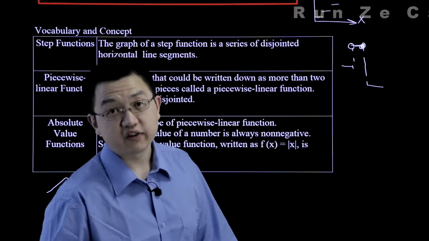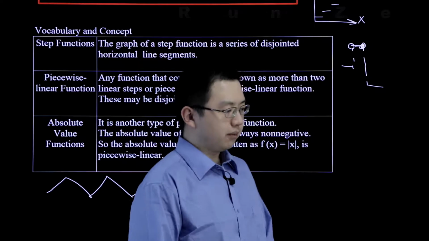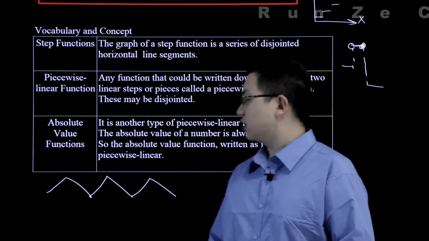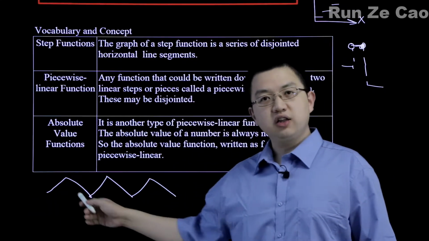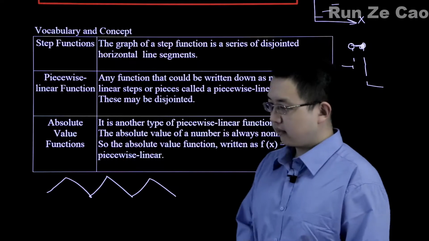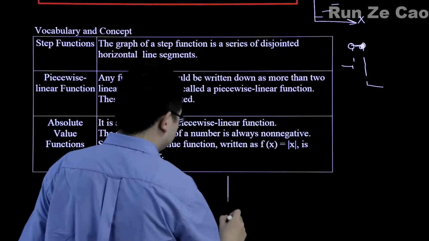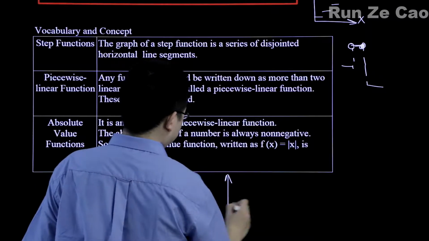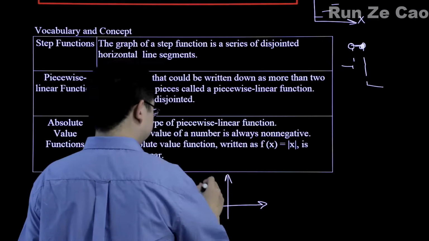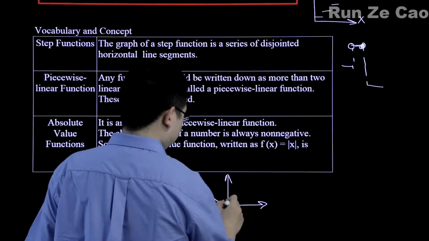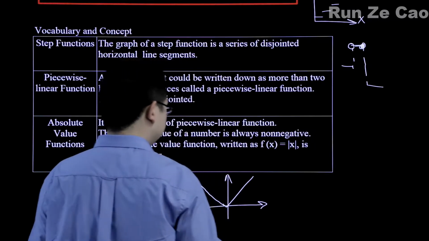It's also not a linear function, so the point remains that piecewise linear functions will have different equations for different sections. An absolute value function is an example of a piecewise linear equation. So, it looks more or less like this.